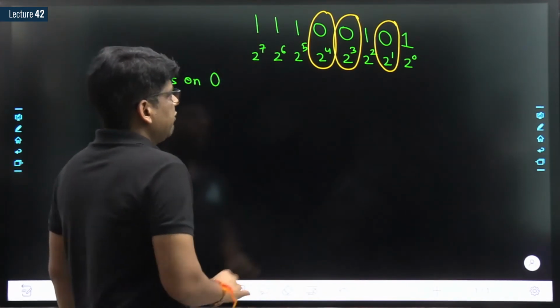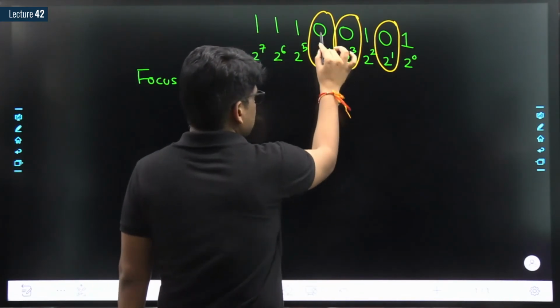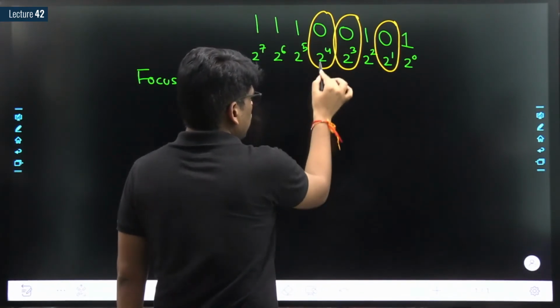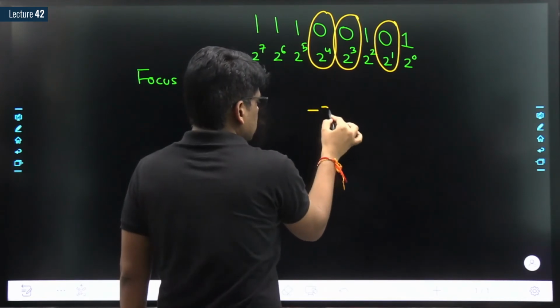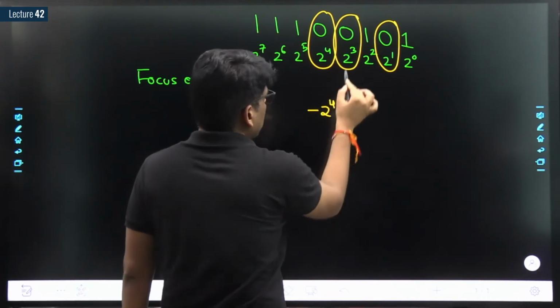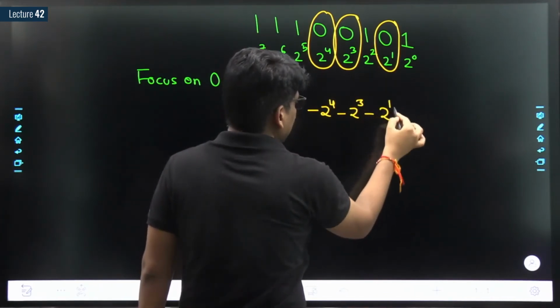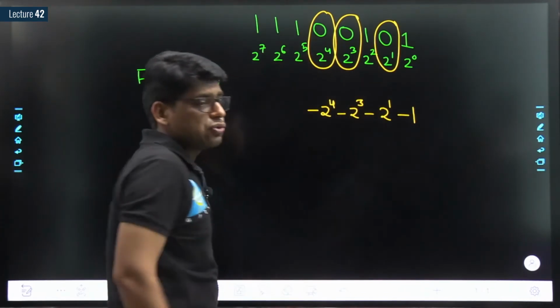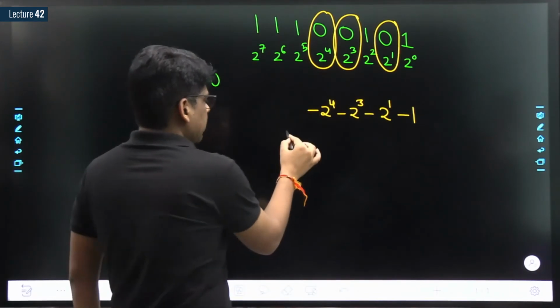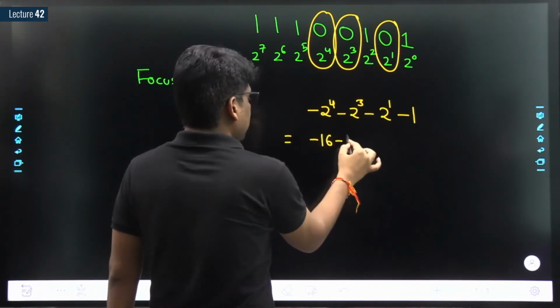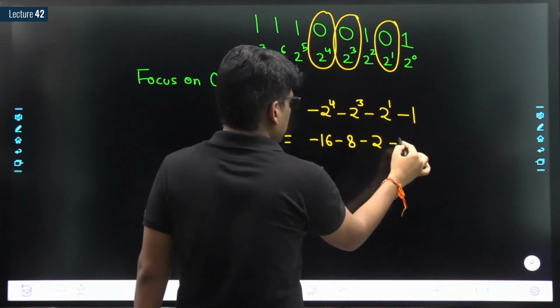Sir, how could we find the value? See, what is the place value for this 0? 2 to the power 4, so minus 2 to the power 4. Minus 2 to the power 3. Minus 2 to the power 1. And put an extra minus 1. Let me calculate: minus 16, minus 8, minus 2, minus 1.